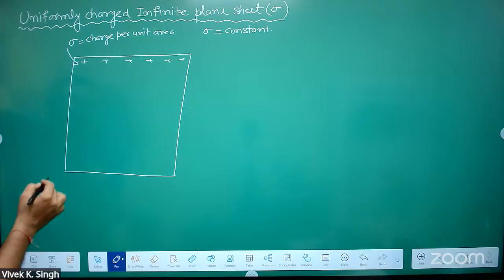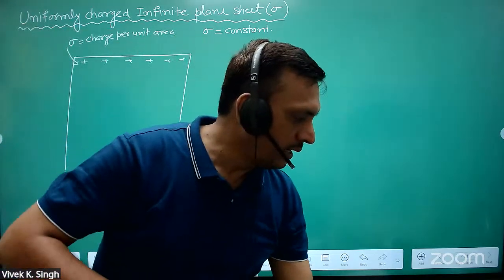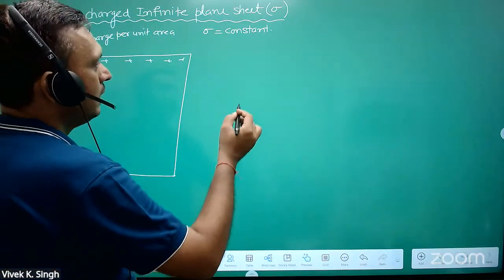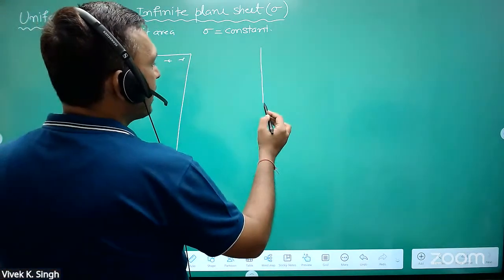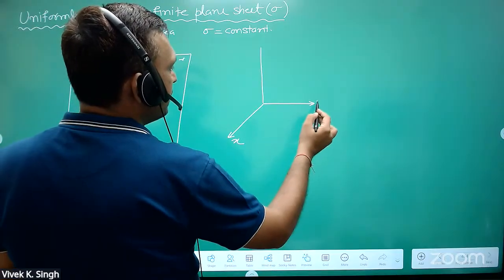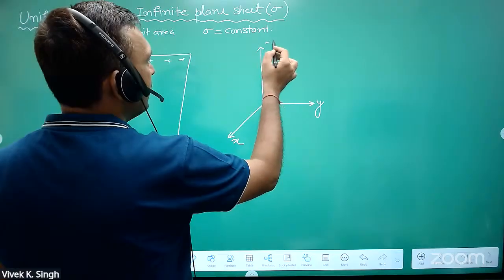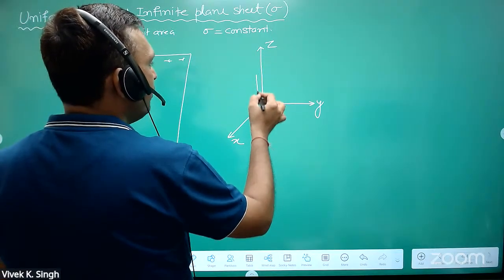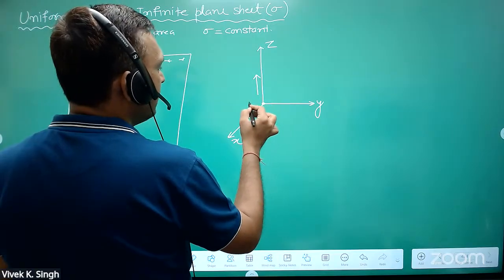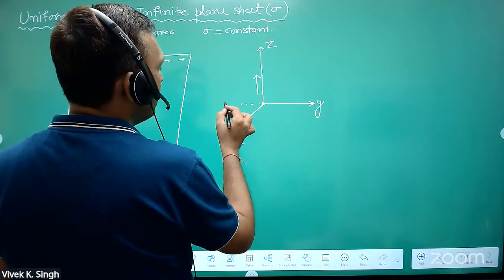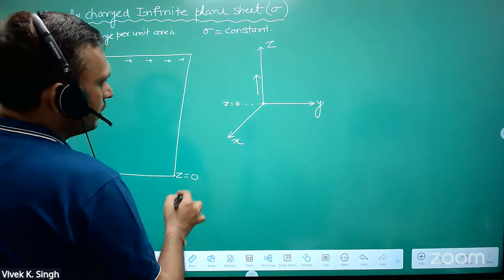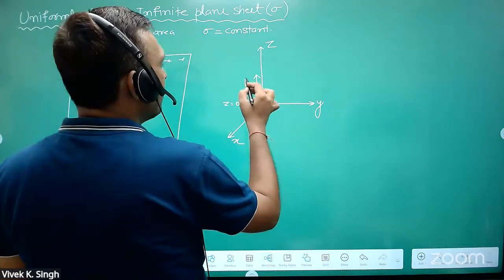So in this symmetry, if you are considering an infinite sheet in xy plane, अगर आप शीट को xy plane में कंसिडर कर रहे हैं, sheet is in xy plane. So in this case, if you see a point above, this is the plane z is equal to 0. So I am considering this sheet to be z is equal to 0. So above, electric field will be in this direction.